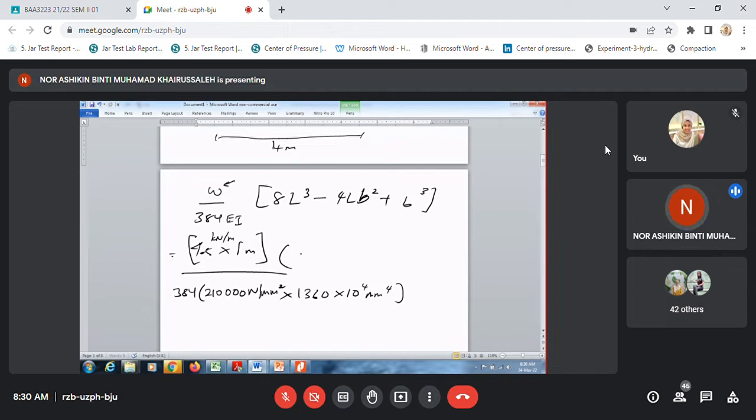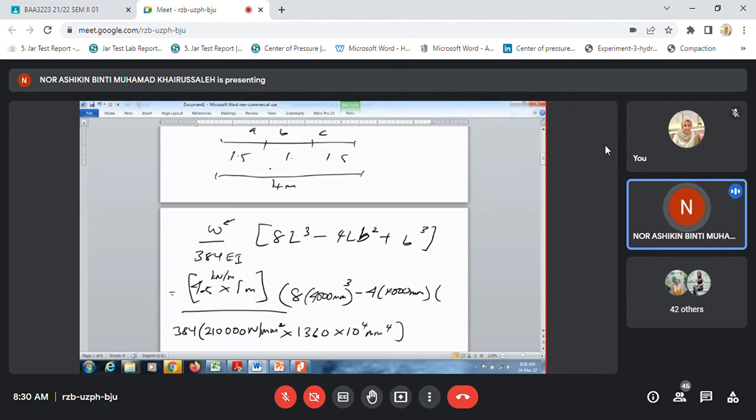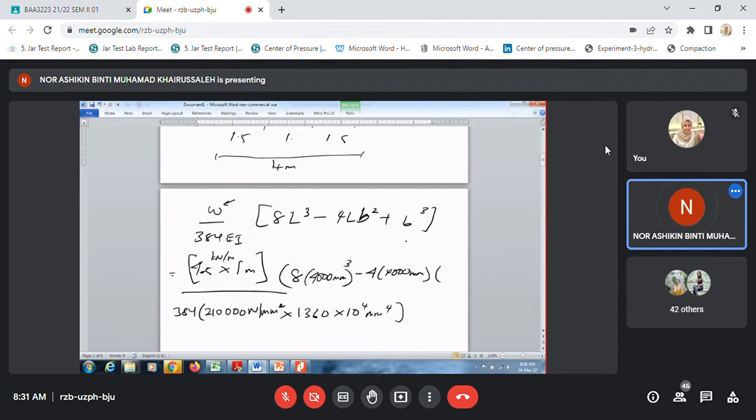Okay, so multiply with the L. The total L is 4,000 millimeter power 3, minus 4 millimeter times the B, which is 1 meter power 2, and then plus the B.